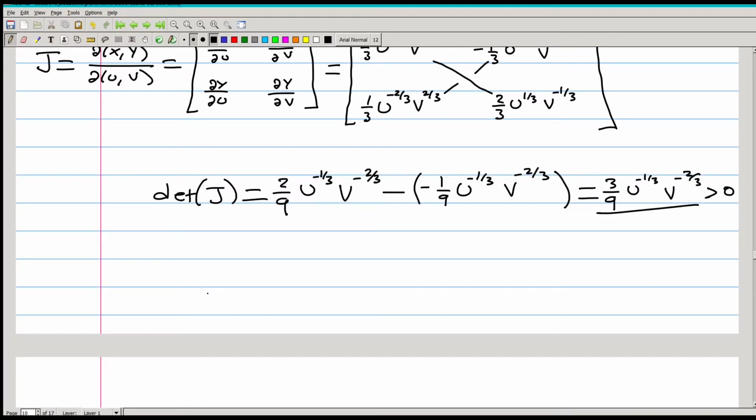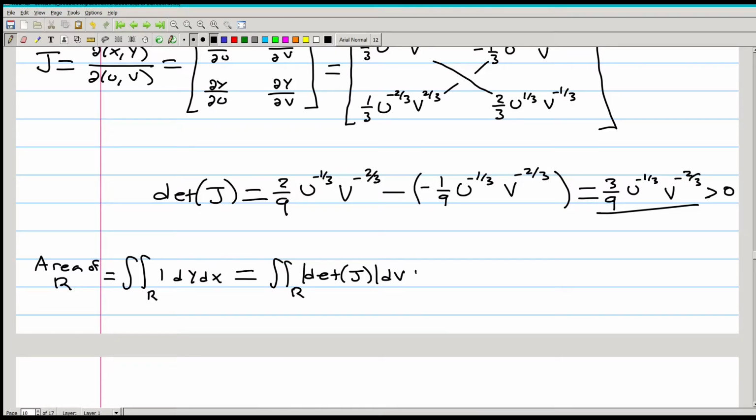And finally, we have an expression for our area. The area of the region R is going to be the double integral over R of 1 dA, or dy dx, which in our uv coordinates is going to be the absolute value of the determinant of the Jacobian matrix, dv du.